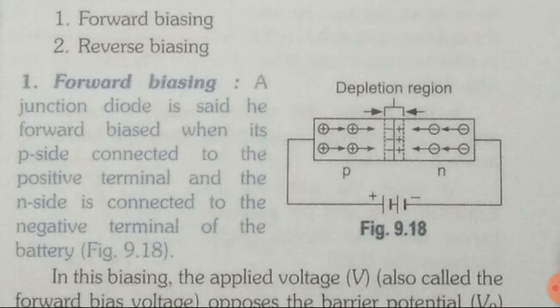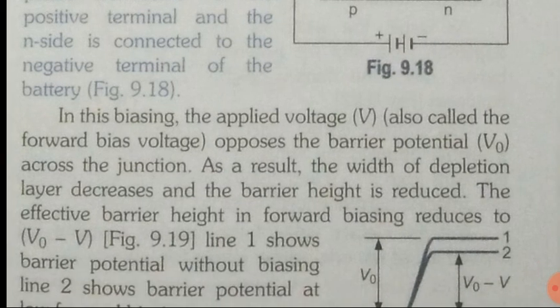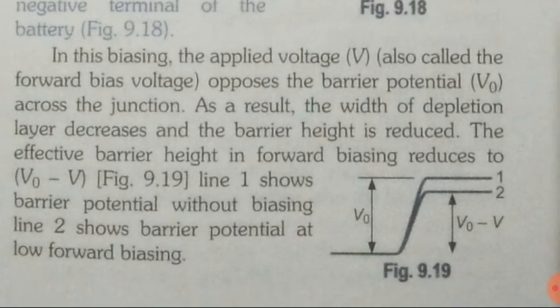When the electron and hole both start moving toward junction, the depletion region starts getting reduced. That barrier starts getting reduced, the width of depletion region decreases.